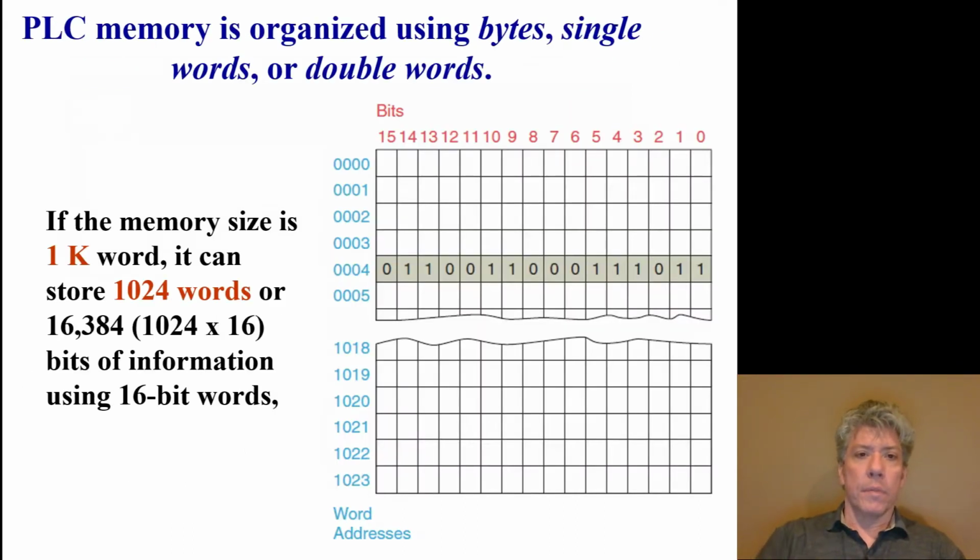So the way that PLC memory is organized is by either bytes or words or double words, what I call long words. It just depends on the processor more than anything. But this might explain something you may have noticed whenever you had an older computer. Older computers typically didn't show you a nice splash screen, and even today a lot of times you can turn that off and see what it's kind of doing.